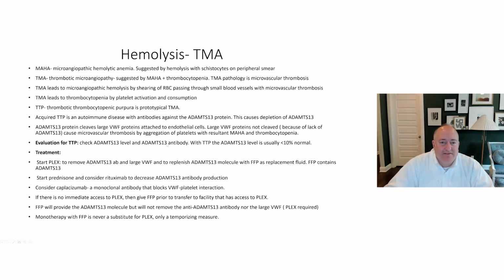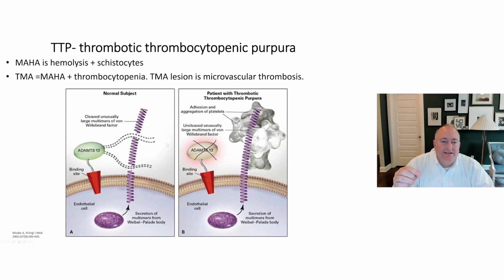So what is TTP? Well, I'm going to go to the next slide to explain that. TTP is a disease against a protein called ADAMTS13. Here's a slide. This is the lumen of the blood vessel. This is an endothelial cell. The endothelial cells secrete von Willebrand factor, and the ADAMTS13 protein will cleave this so they don't form very large von Willebrand factor proteins.